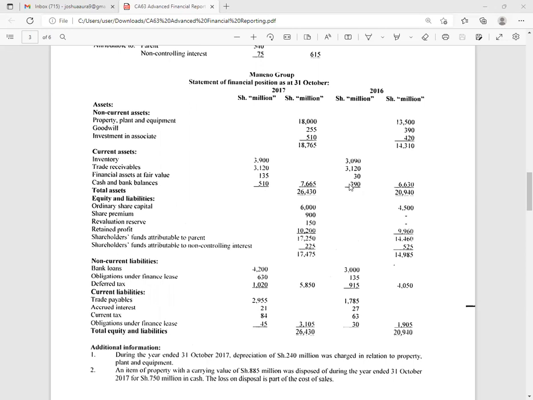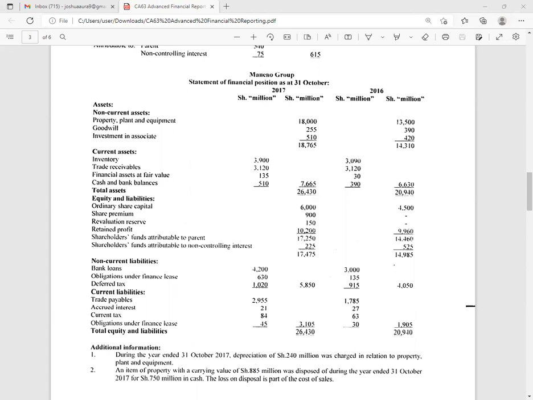If you come here and pick what we have here, 135, financial assets at fair value, we have 135 plus 510. So this one here will give us what figure at the end of the day?